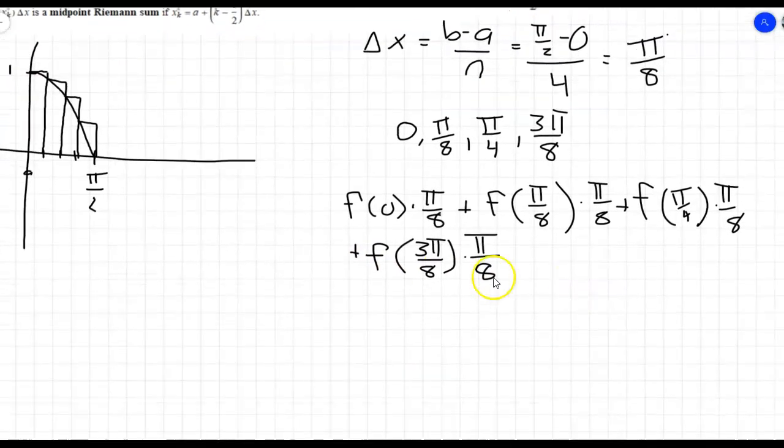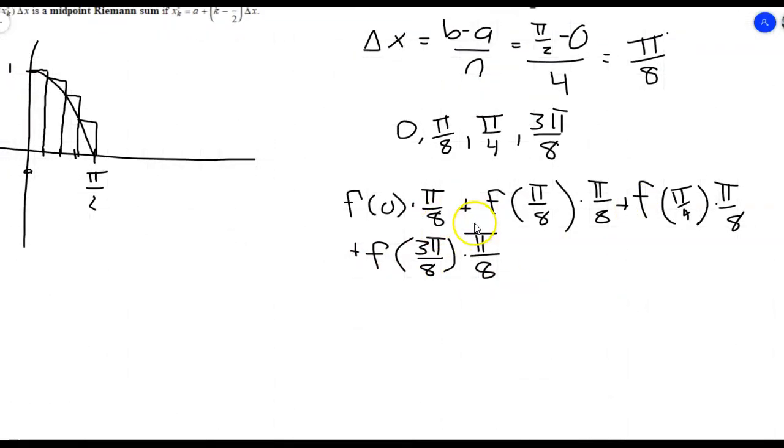All right, now instead of getting exact values here, which we could by using a half angle or a double angle formula under cosine, I'm just going to go ahead and evaluate this in my calculator.